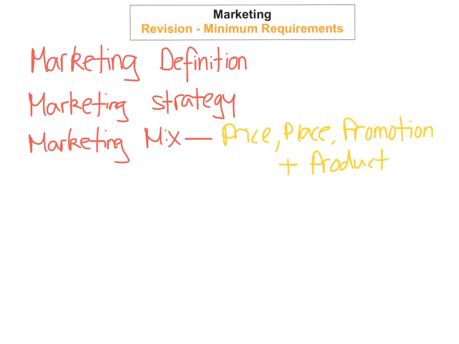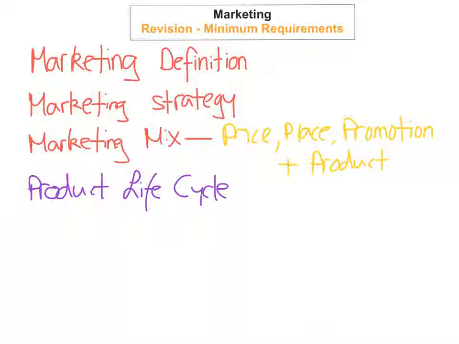The next thing that's probably a bare minimum that you need to know is the product life cycle. A product life cycle is basically the lifespan of any product. Some product life cycles last a very long time, some are very short.